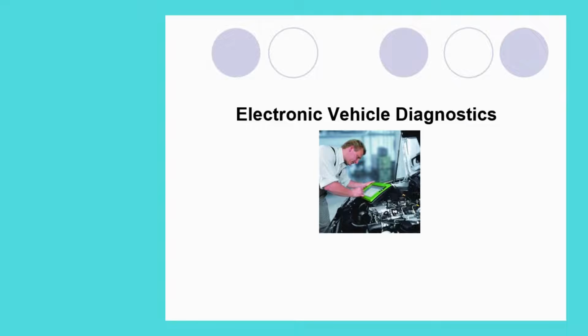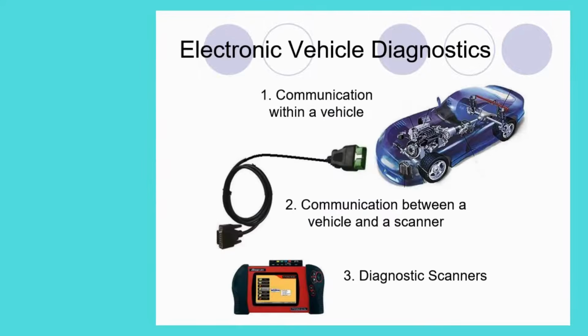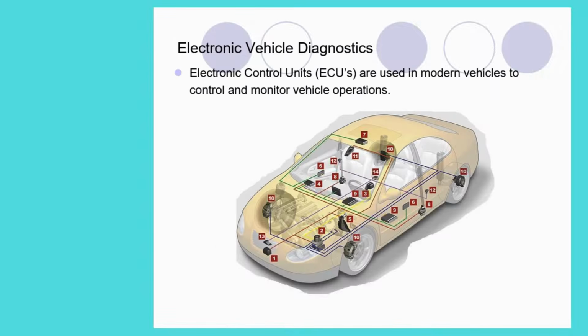Electronic Vehicle Diagnostics. We will start by looking at electronic communication within a vehicle. We'll then look at communication between the vehicle and a scanner, and then we'll look at the diagnostic scanners themselves. Electronic control units, ECUs, are used in modern vehicles to control and monitor vehicle operations.